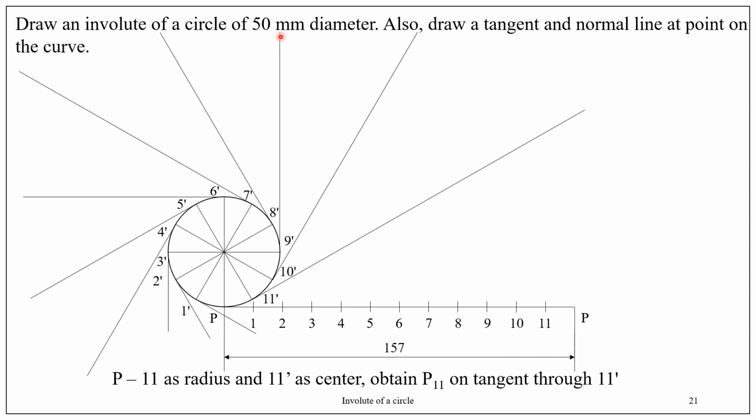D is the diameter of the circle. So when you unwound the string through 360 degrees, point P on the string will reach here.